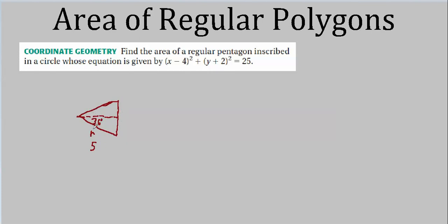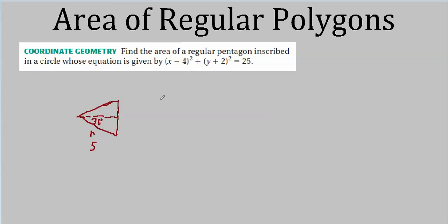Now what we want is the apothem here. We know R, and in this triangle, this is our hypotenuse. So what is adjacent over hypotenuse? That's CAH. Let's see, SOH is opposite over hypotenuse.